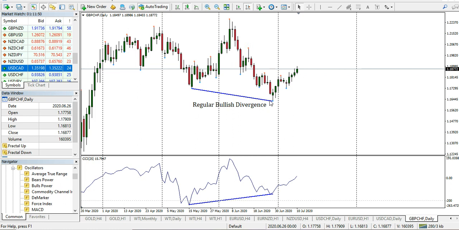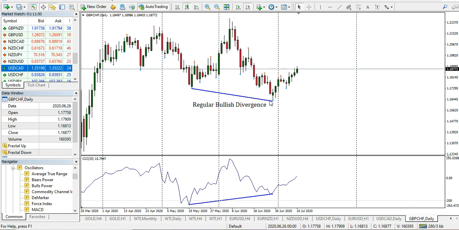So you know you have a bullish divergence when you're comparing lows, because when you decide to buy the market, you want to buy the market low. So just think about bullish, buying low. You have a bullish divergence when you're comparing lows.